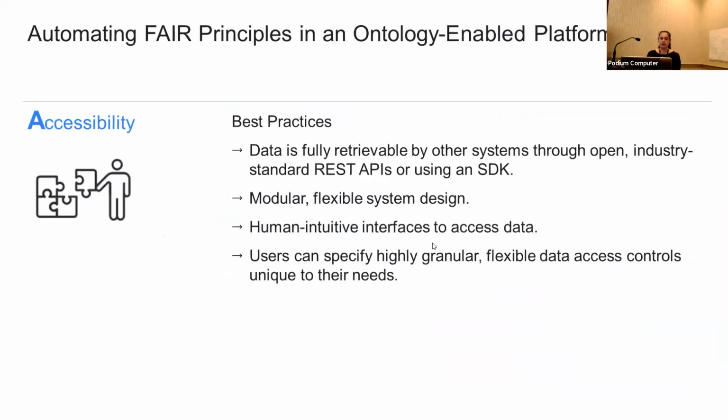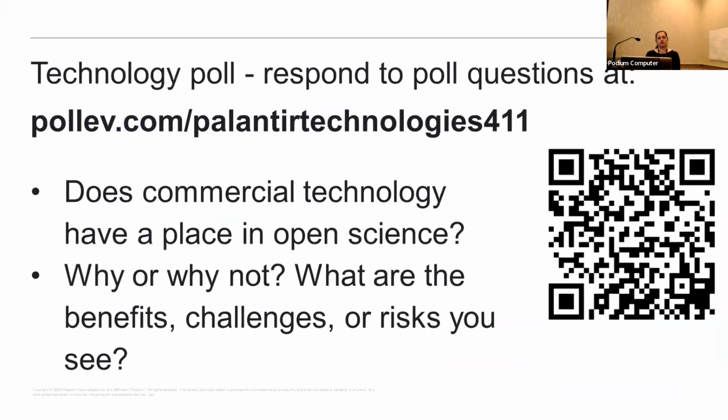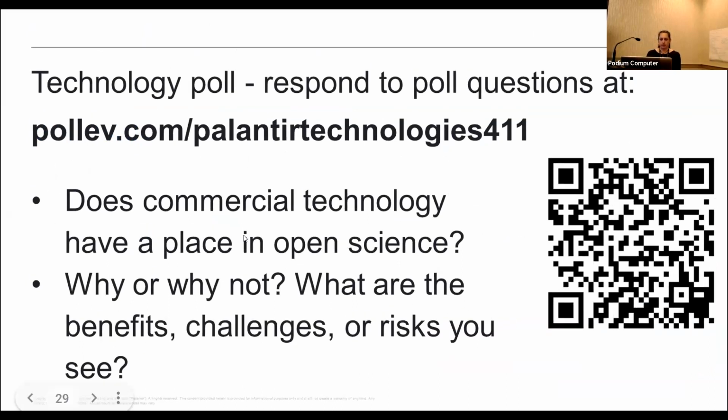We had different information about the timeline. If you want to go back to the poll EV, if there are any last questions or comments along the way.